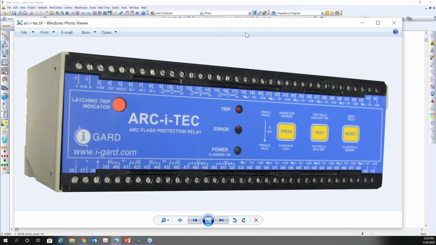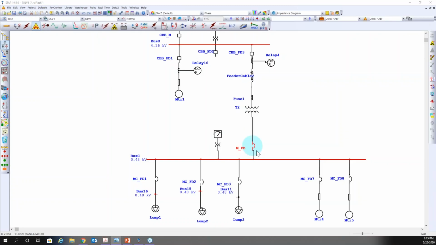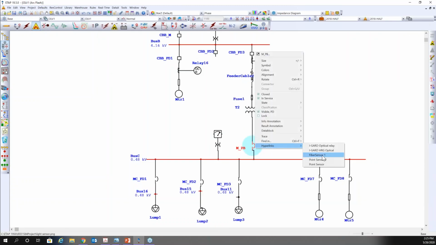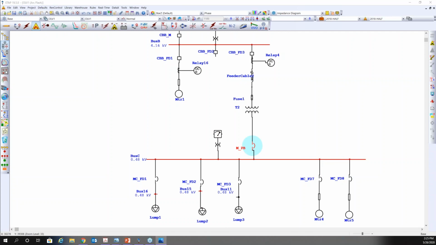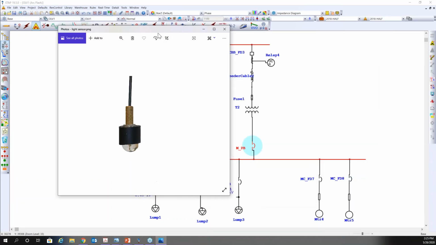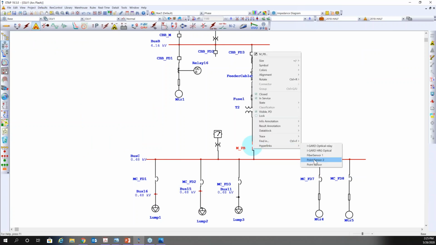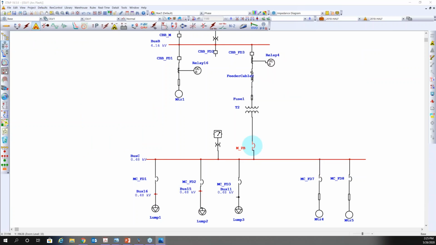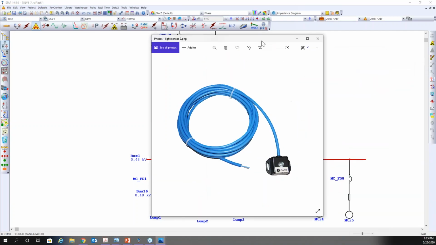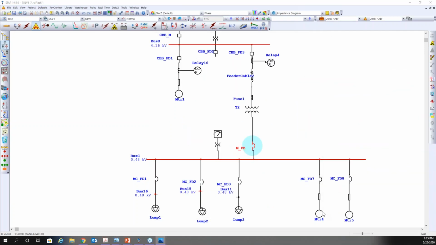For the sake of argument, I'm going to go with light only, and we use some fiber sensors, point sensors. And if I put a fault on this bus, we would trip that in 51 milliseconds.